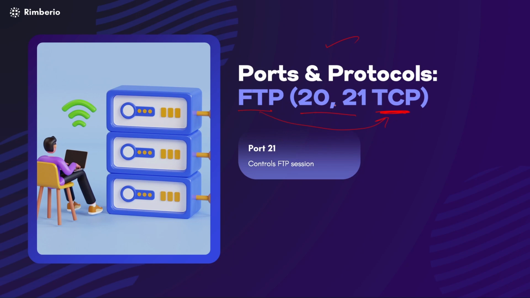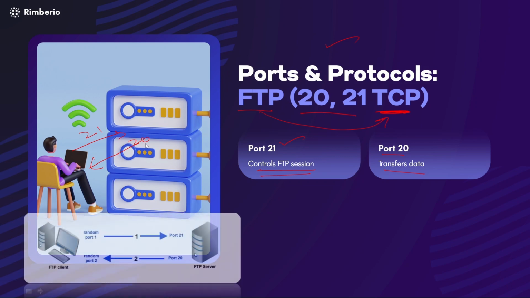So why does FTP use two port numbers? It is because port 21 is used to control the FTP session. What does this mean? This means that when the user sends commands from the client to the server, it uses port number 21, while port 20 is used for actual data transfer. Let's suppose when data is uploaded or downloaded from this server, then it uses port 20, as this diagram shows.